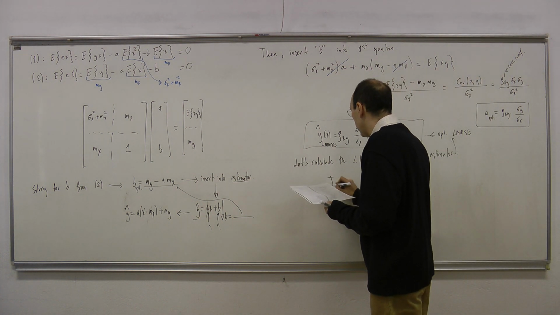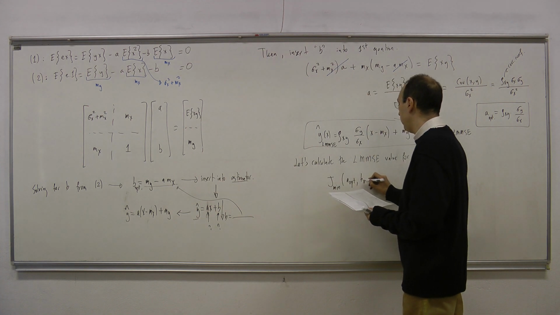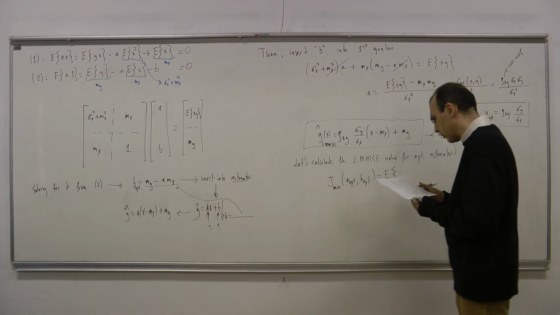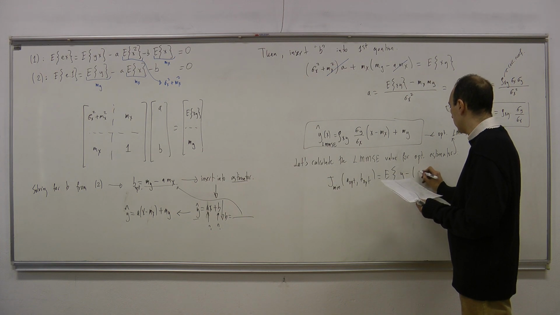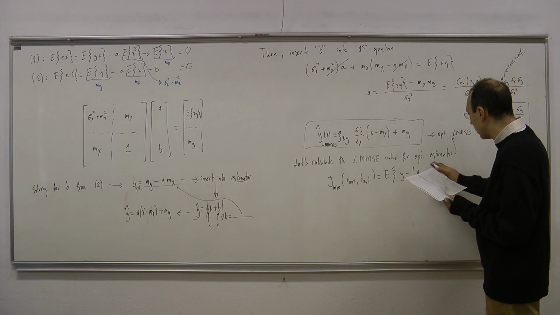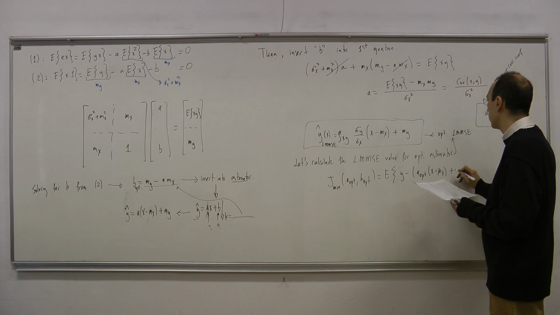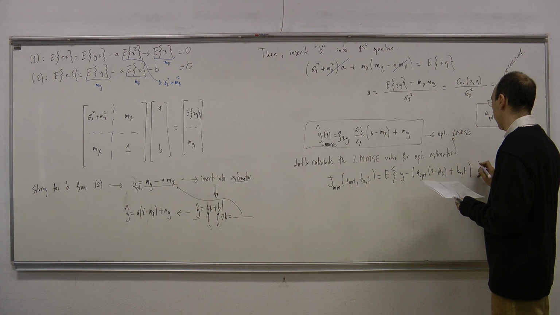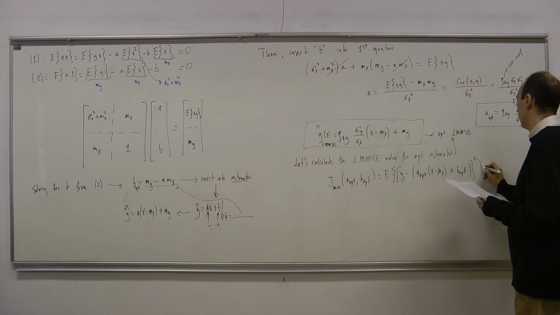Let me say this is J min for A optimal and B optimal, which is equal to the expected value of (y minus A_OPT x, sorry, x minus mu_x plus B_OPT) squared.